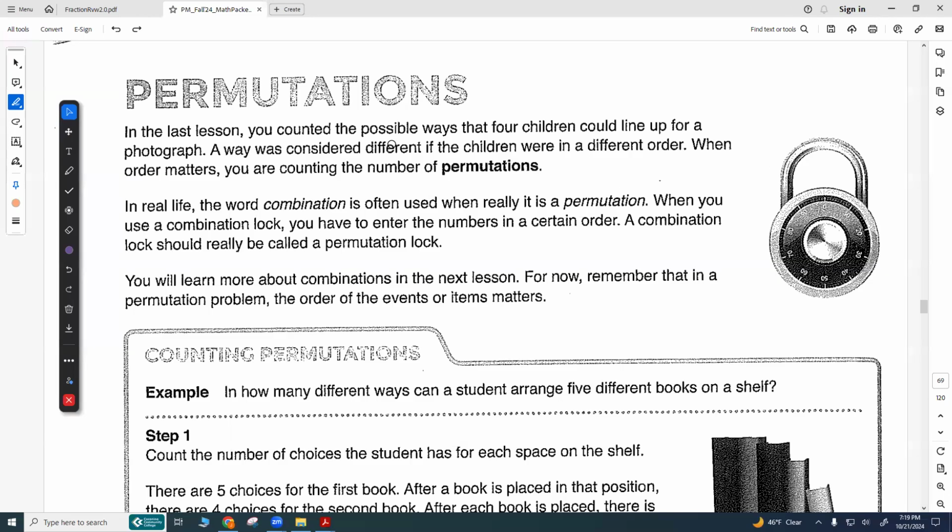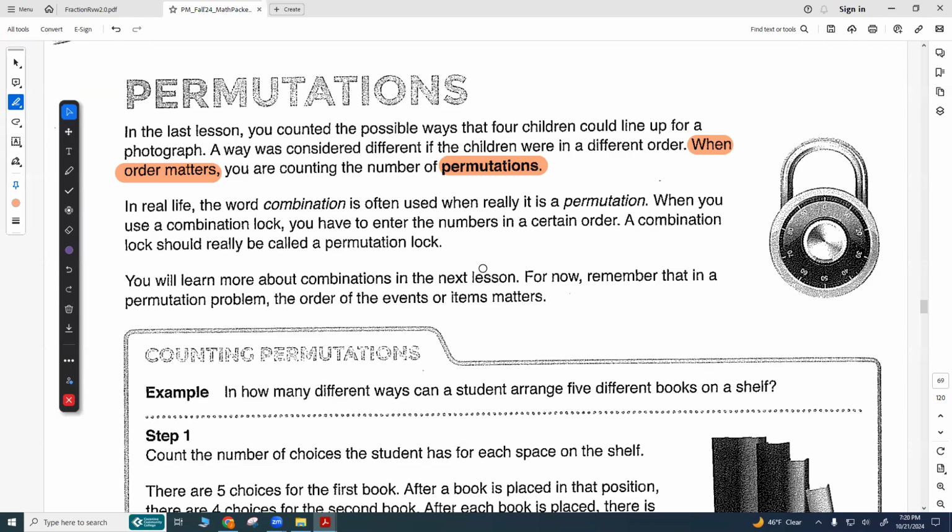A way was considered different if the children were in a different order. When order matters, you're counting the number of permutations. I don't think you'll see that word in the question, but hopefully you can recognize these situations: you're trying to figure out combinations of things when order matters.